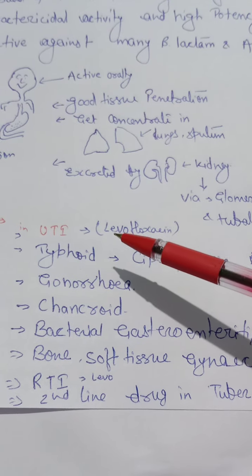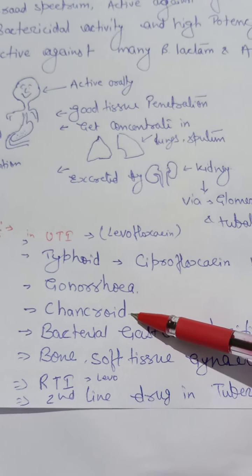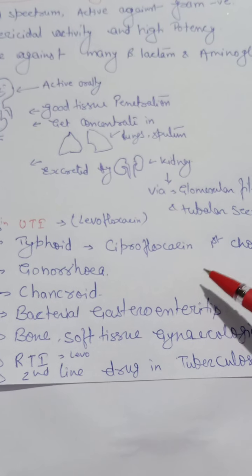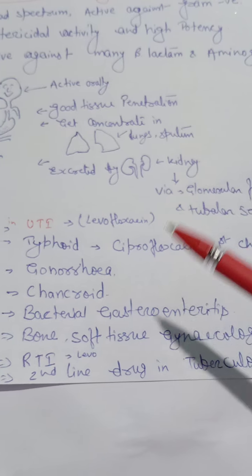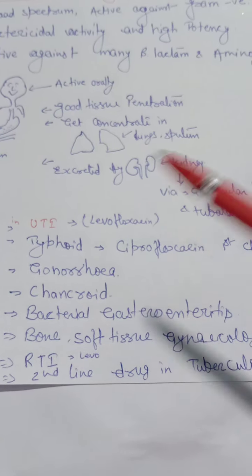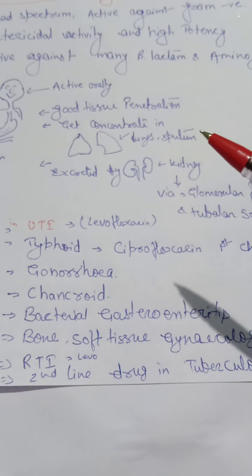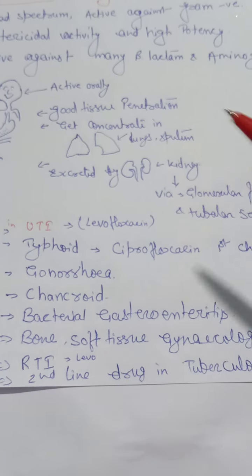Ciprofloxacin is very much active against gonorrhea, chancroid, and bacterial gastroenteritis, that is, if there is enterocolitis or colitis infection, we use ciprofloxacin or norfloxacin. We use norfloxacin along with tinidazole, which comes under the name Norflox TZ.